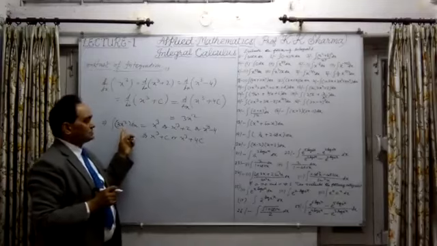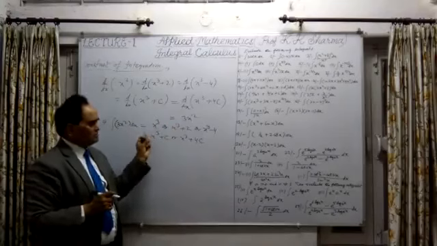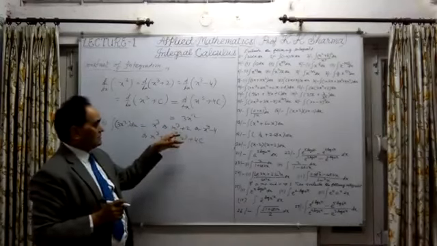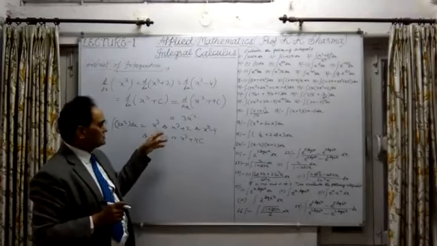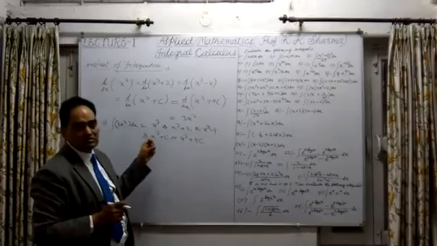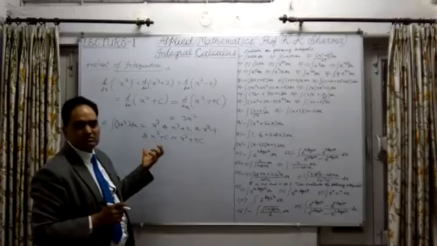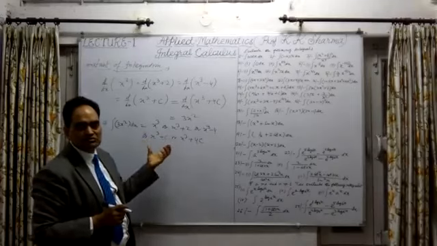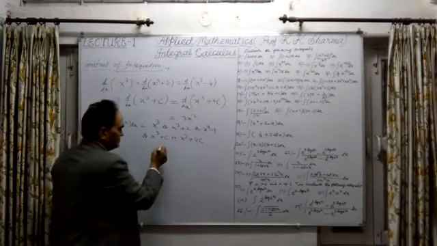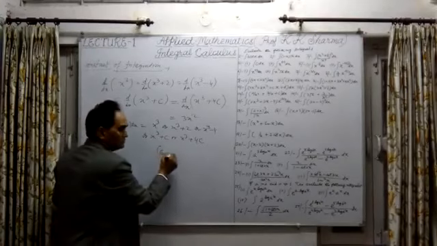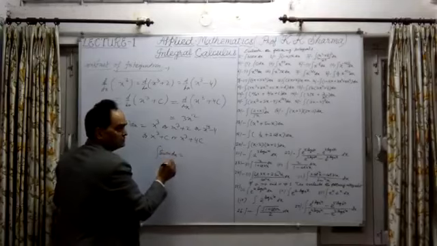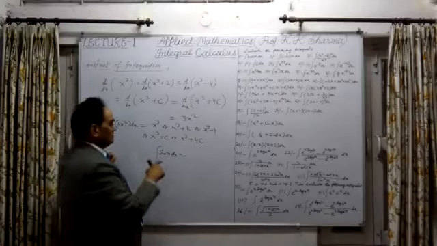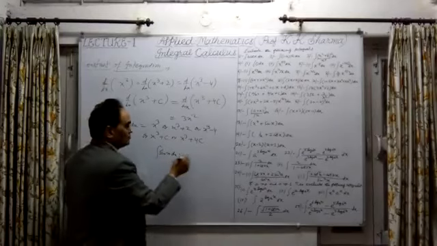The integration of the same function has infinite values, so a different constant can be taken. The constant is an addition to this. But for the sake of convenience, we sometimes omit writing this constant, because we always write that the integration of sin x dx is equal to minus cos x.